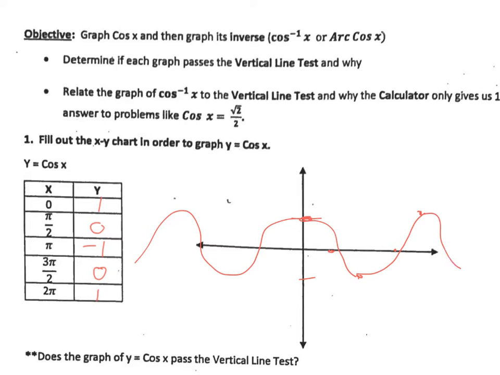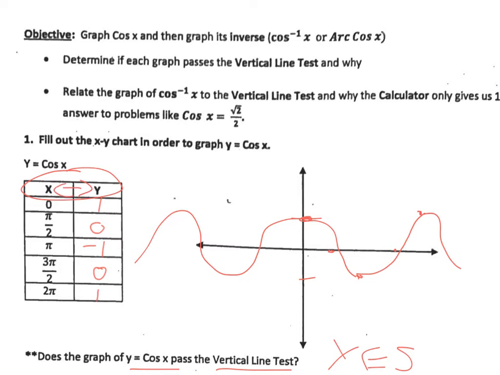All right. Now it says, does this pass the vertical line test? Yes, it does. Definitely passes the vertical line test. But what's going to happen is when we graph its inverse, the biggest feature when you graph an inverse function is, remember, you switch the x and the y.